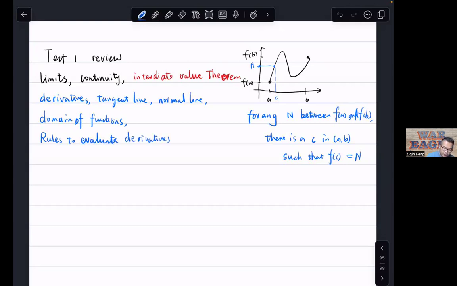The rules include the following: product rule, quotient rule, and also chain rule. And also what's that called? Implicit differentiation. And lastly, we have logarithmic differentiation.